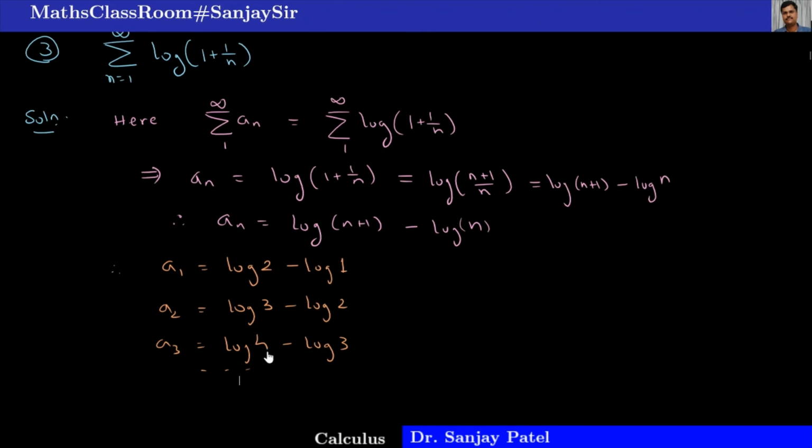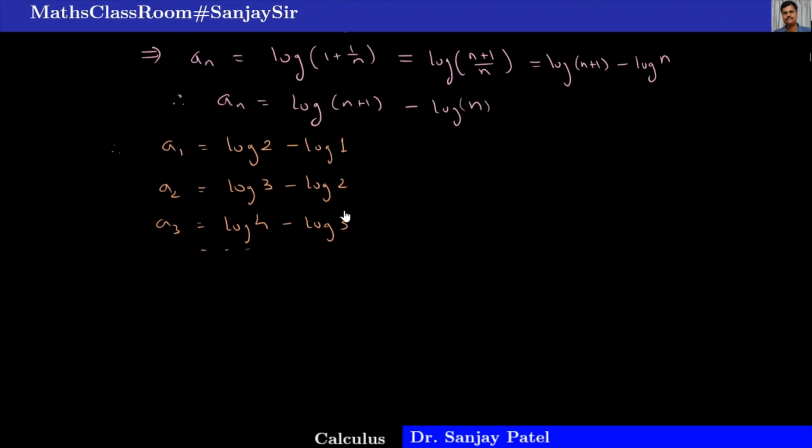And the nth term, that is an, will be this only. So an we can write as log n plus 1 minus log n.